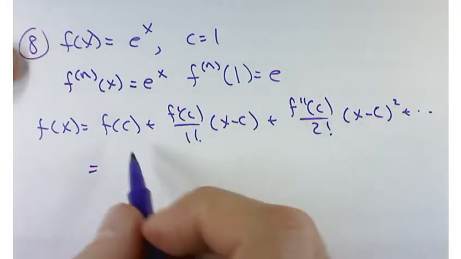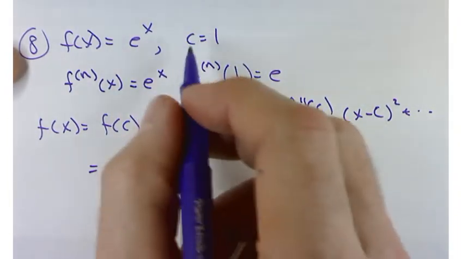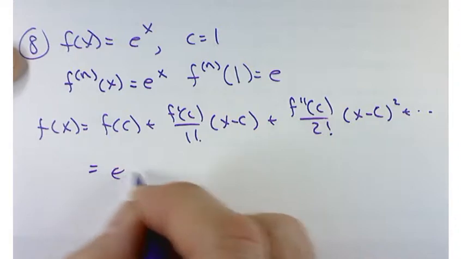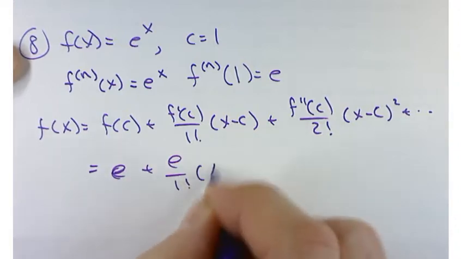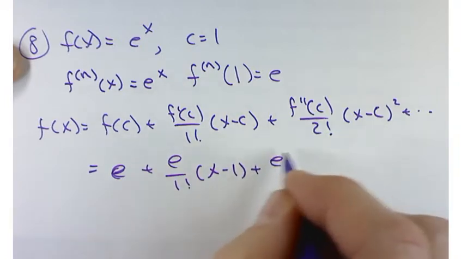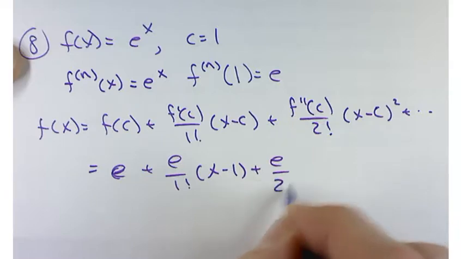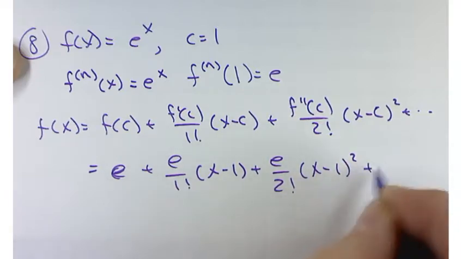So f of c is going to be e plus e over 1 factorial times x minus 1. And then you're going to see quite a familiar pattern, e over 2 factorial times x minus 1 squared, and so on.